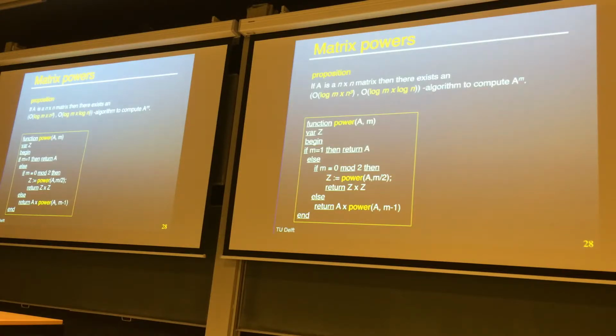I can tell you that's not the case. Can anyone tell me how many times I have to perform this step? Or this step? One time. So what's the number of times I need to perform this recursive step?